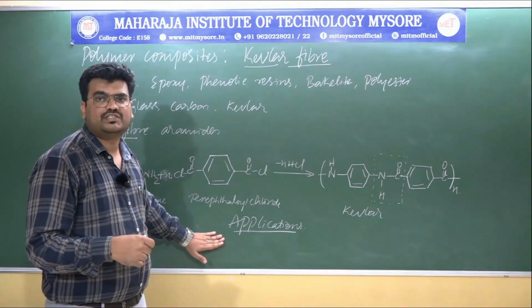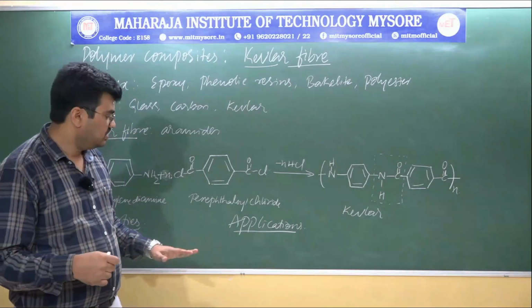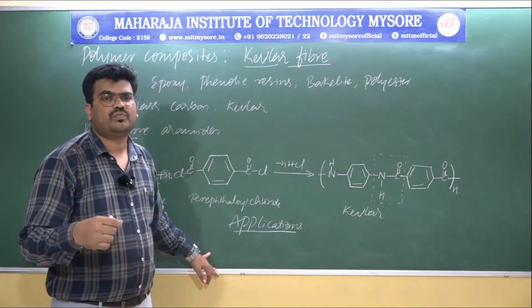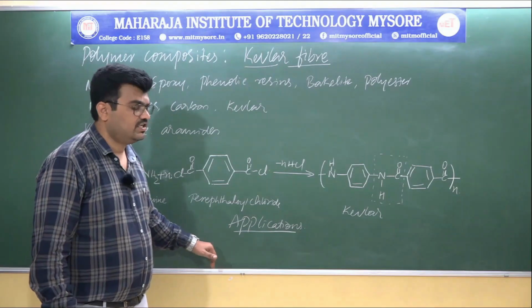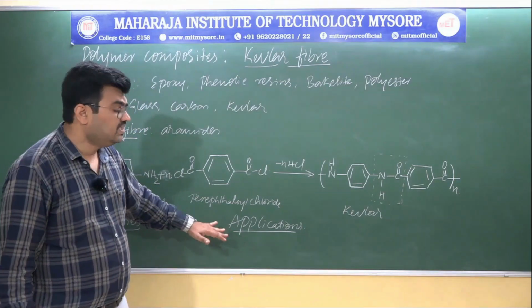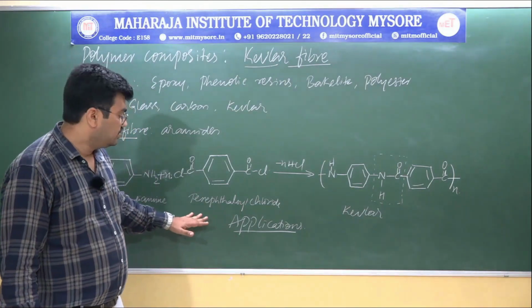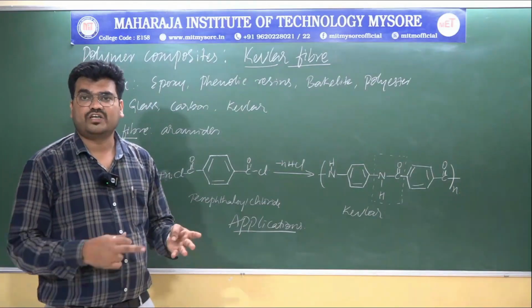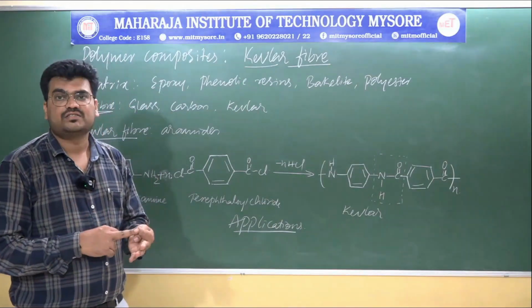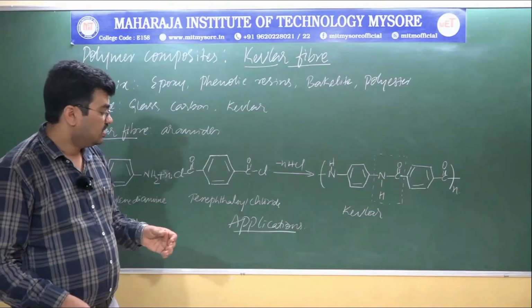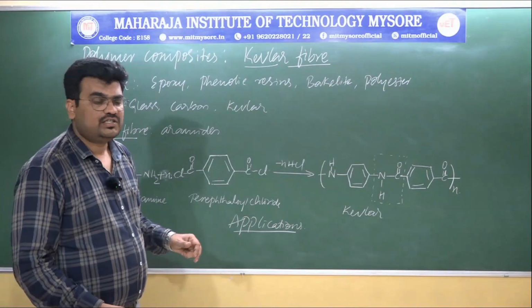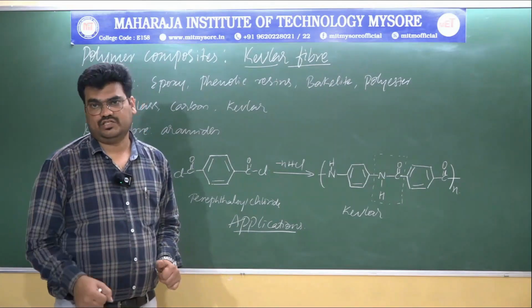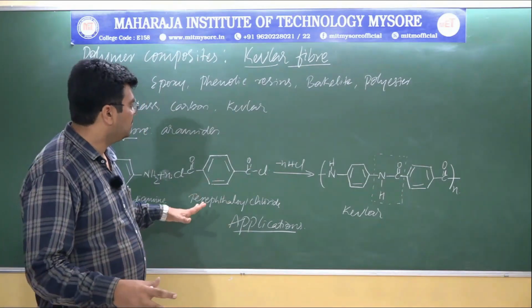They are used in puncture resistant bicycle tires, military helmets, tires, brake pads and clutch linings, and ropes, cables and fire resistant clothing. So these are all the applications of Kevlar fiber.